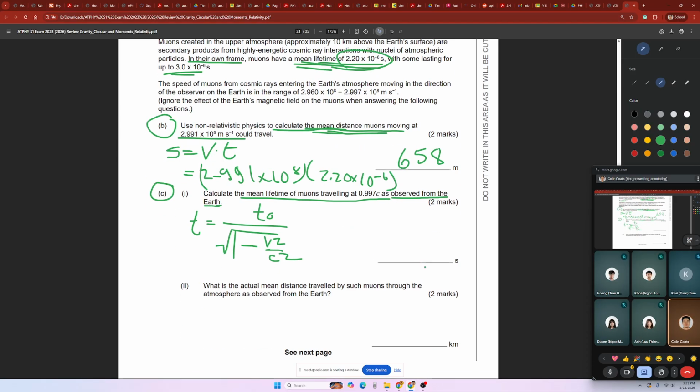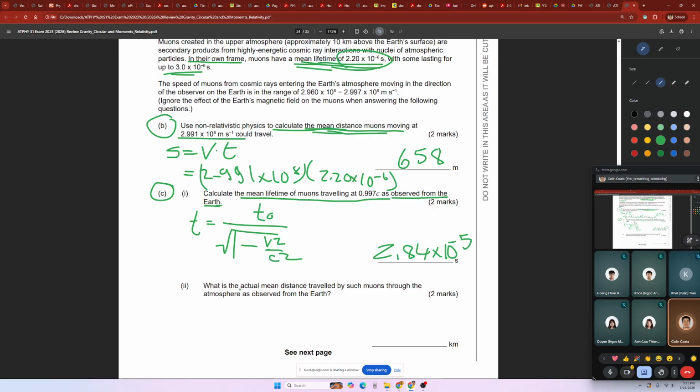And for this one should be 2.84 times 10 to the power of -5 seconds. So time dilation. We see that this is a bigger number than here, the mean of them. That makes sense. It should have a time dilation.